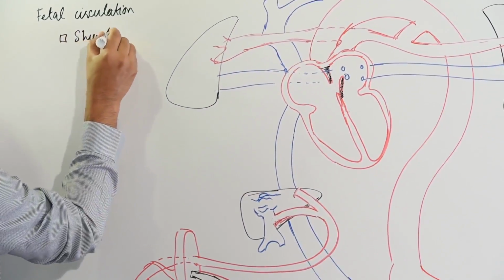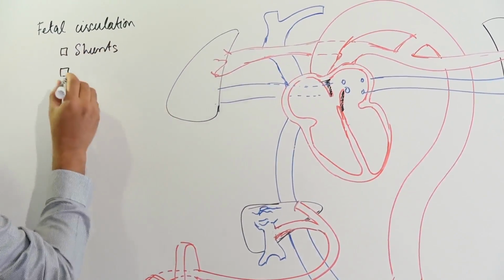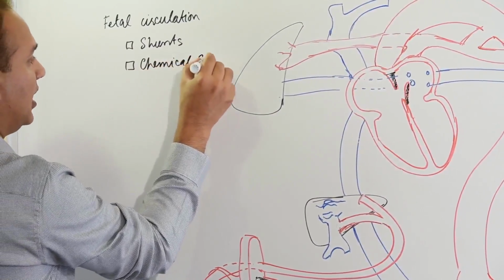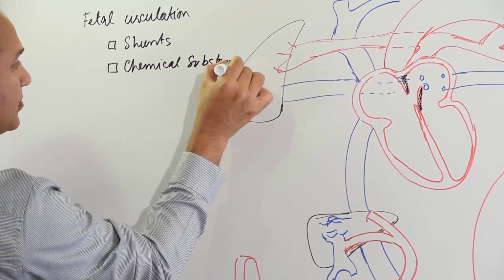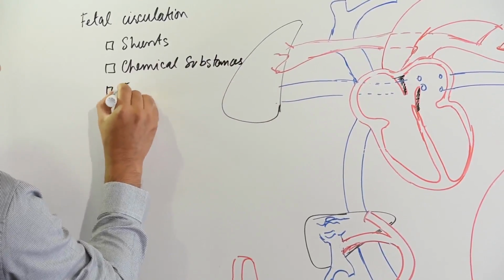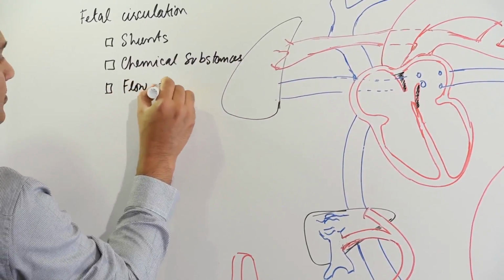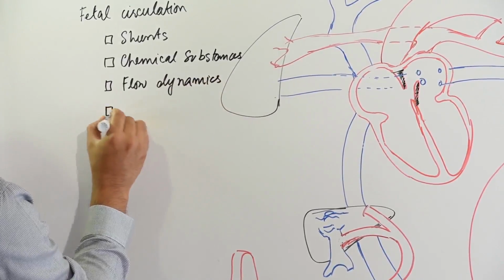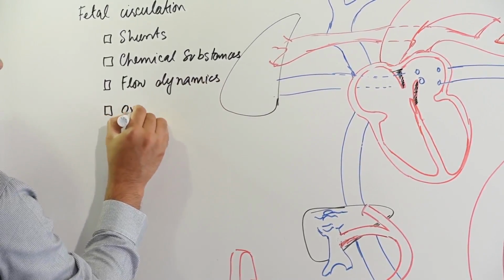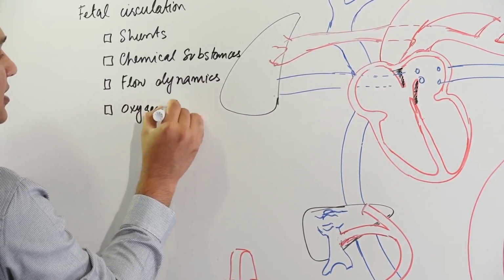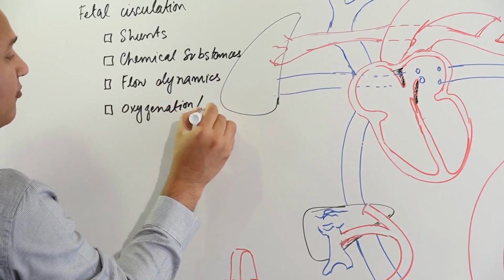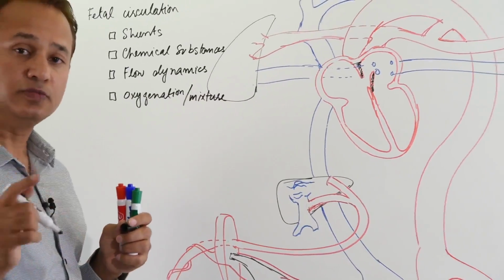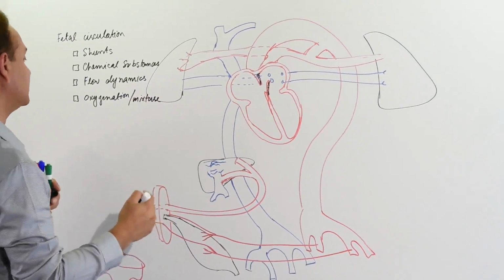What shunts are working, what chemical substances are helping, what flow dynamics are present, and then finally what sort of oxygenation and mixture of blood is occurring. So that is to be known for the fetal circulation.